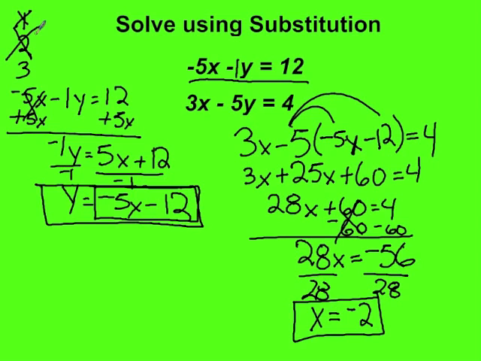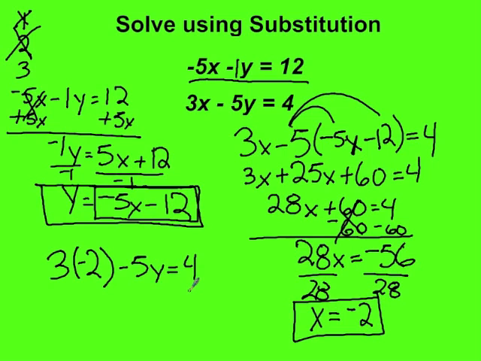Now step 3, I just need to choose a random equation. It doesn't matter which equation we use. And plug in our x equals -2. So I'm going to use the second equation, 3x minus 5y equals 4. So 3 times -2 minus 5y equals 4.